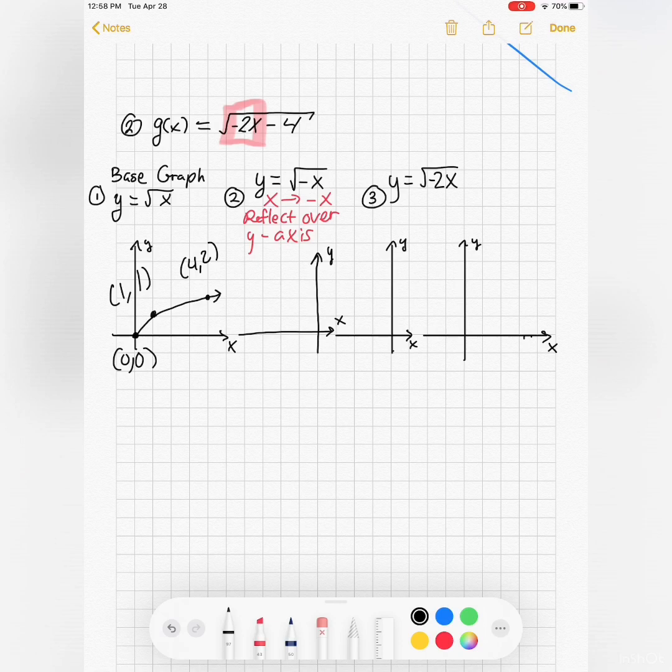The x has become negative. So, okay, (0, 0) stays. Let's see, what about (1, 1)? So the x becomes negative. So now that's at (-1, 1). (4, 2) will be at -4.